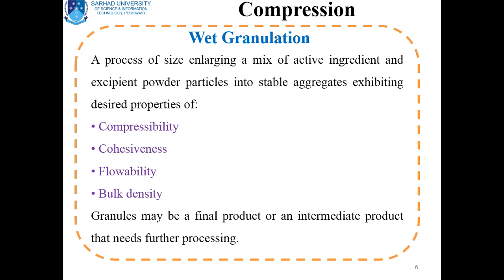We are going to prepare the granules in order to enhance the flow properties of that particular mix. Moreover, bulk density. So these are the desired properties that we are going to impart to the particles of the mix of active ingredients and excipients, and a stable aggregate having these properties is prepared.